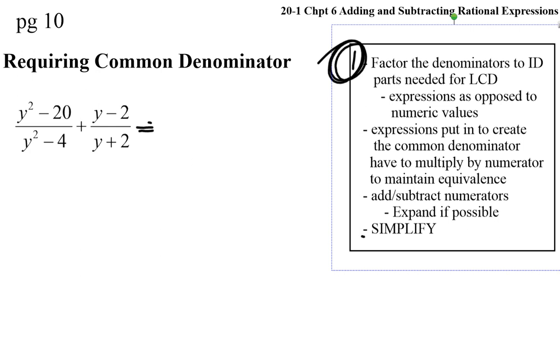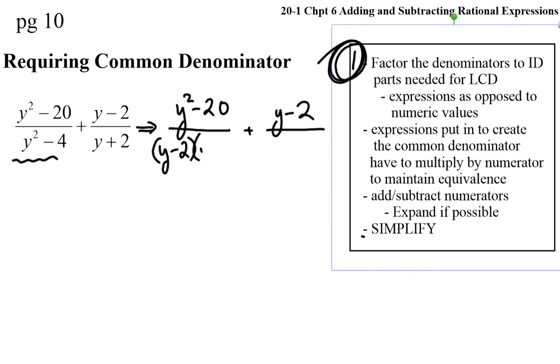So here we go. We have y squared minus 20 over, and then we have a y minus 2 over y squared minus 4. We can factor that because it's a difference of squares: y minus 2, y plus 2. And we have a y plus 2 over here.